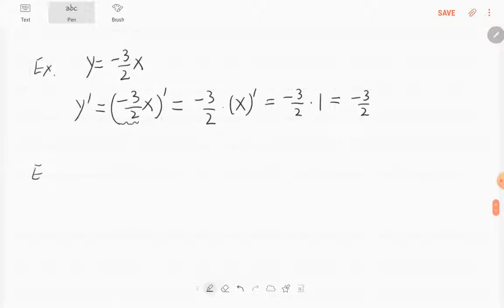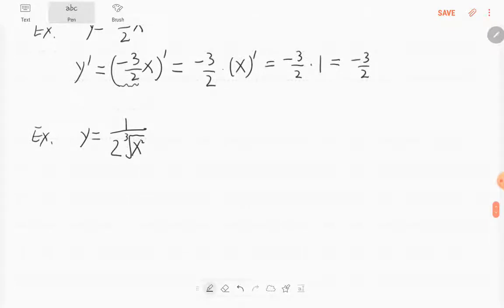Another example, which is y equals 1/2 cube root of x squared. For this problem, since we have a radical sign, the first thing we need to do before taking the derivative is transform this into power form.